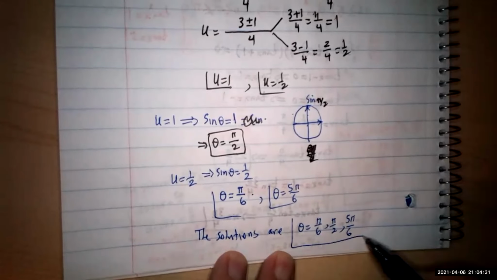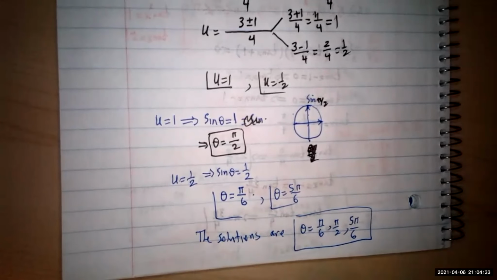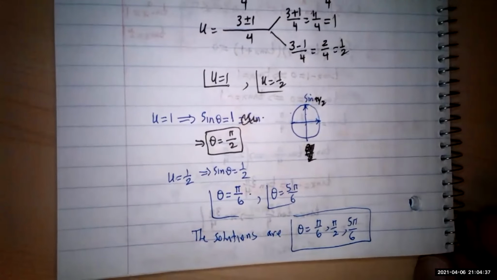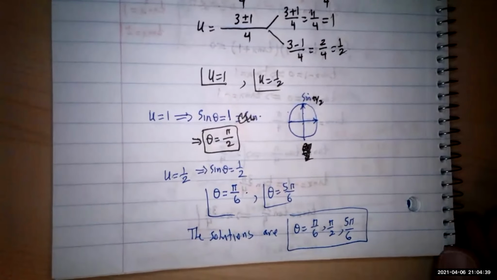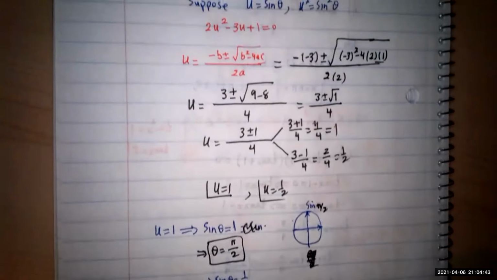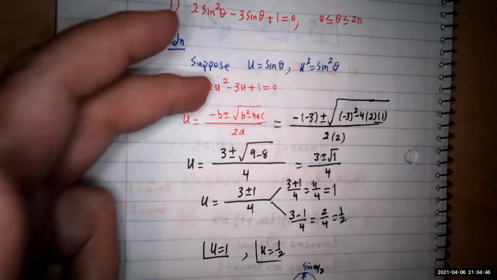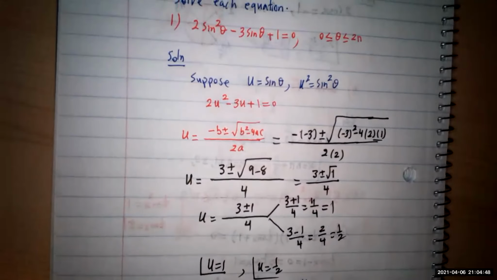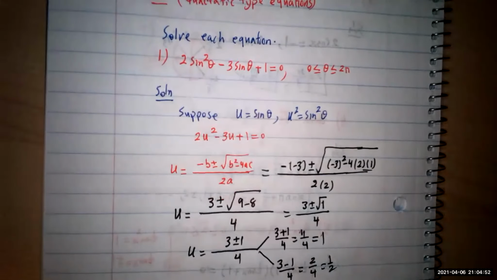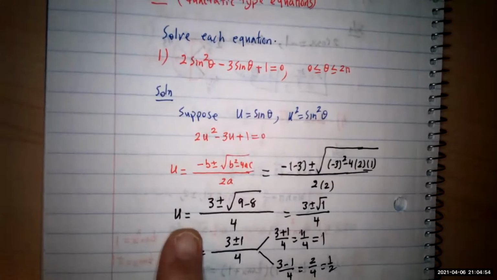Okay, so this is a very popular case, the case with the quadratic one. Nicely, if you feel all right, you can just skip the u part and stay with the sine really. Instead of u, write sine of theta.